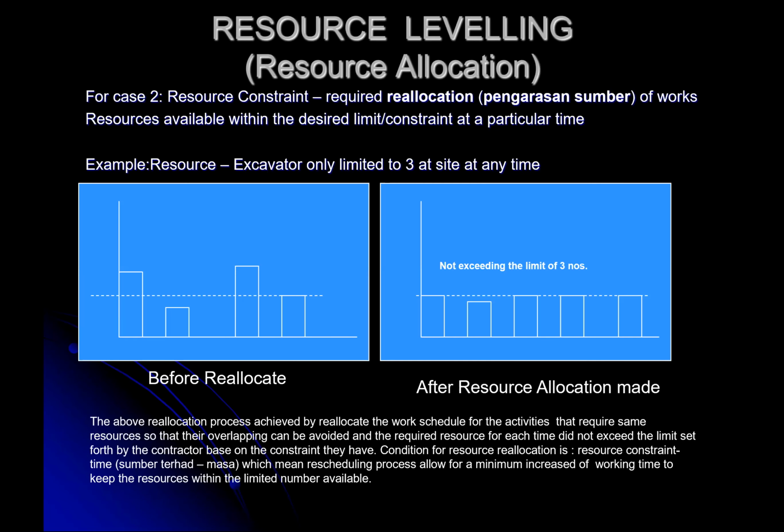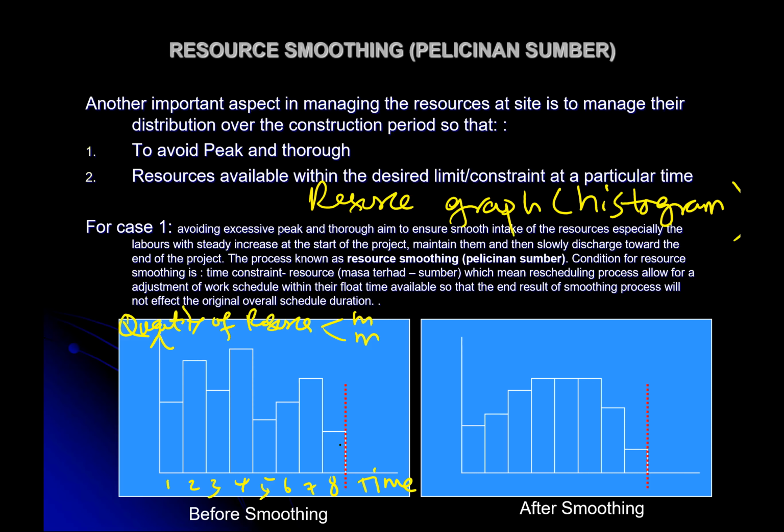Let's assume this one is 50, this one could be 90, this one 100, this one 60, this one 40, this one 50, this one 70, this one 30, in terms of number of workers.